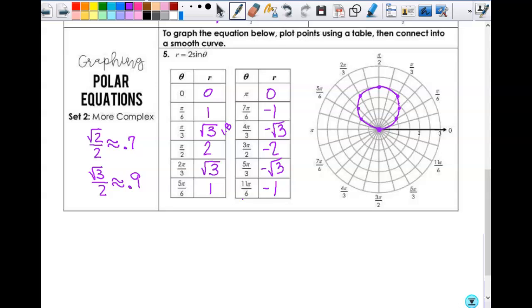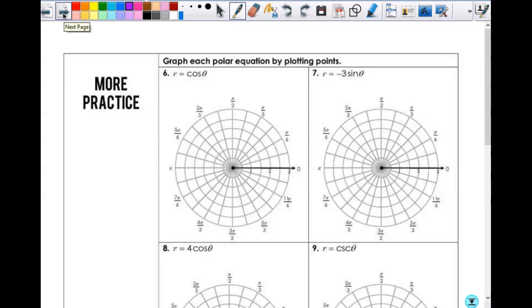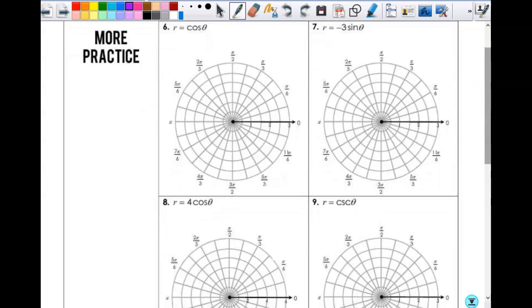All right, so let's look at the next one here. We've got r equals cosine theta. So there's nothing in front of that. Let's graph this one. What is the cosine of 0? 1. What is the cosine of pi 6? Square root of 3 over 2, which is about 0.9.